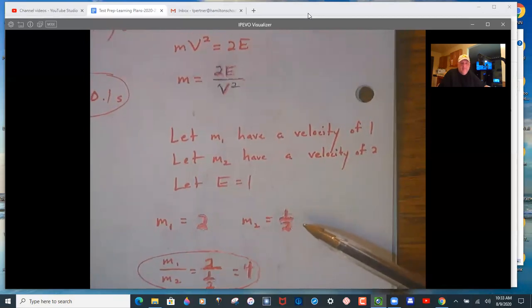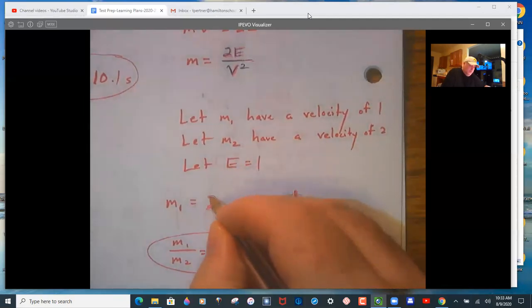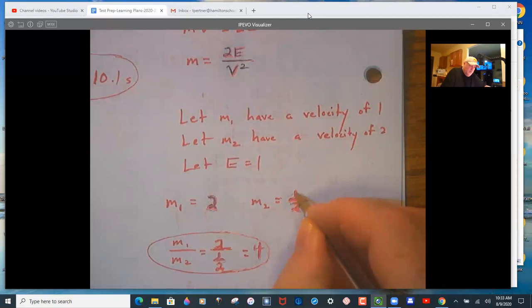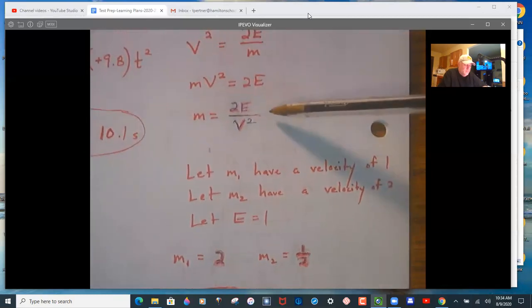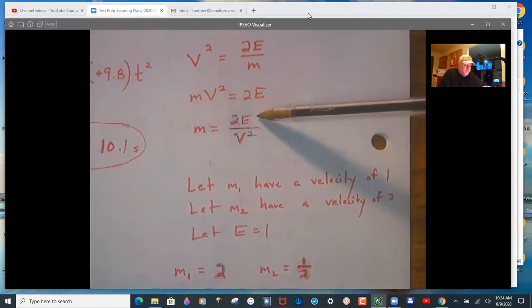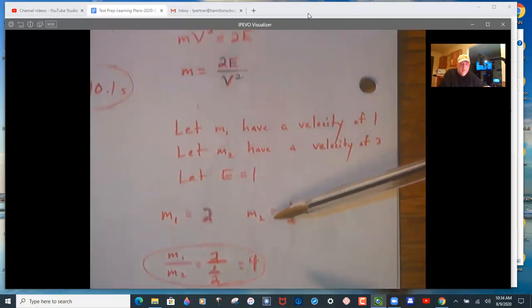And so you get this, where m1 is 2 and m2 is 1/2. And then, so their ratio is 4.